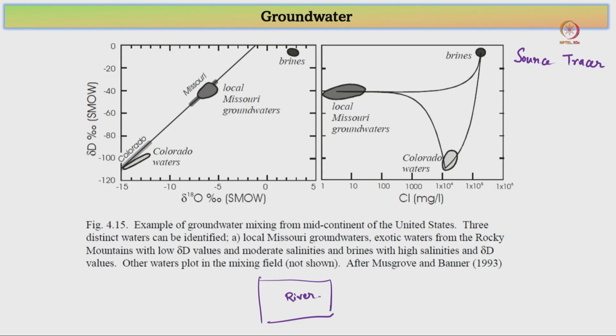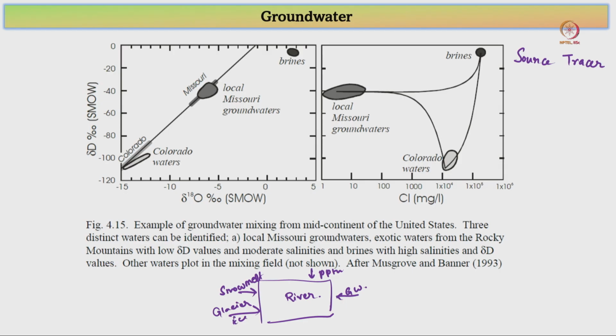Okay. I want to understand how much of the river water is coming from precipitation, how much of this river water is coming from maybe groundwater, and if there is any snow melt, how much is coming from that, or if it is a glacier source, then how much is coming from the glacier ice. Okay.